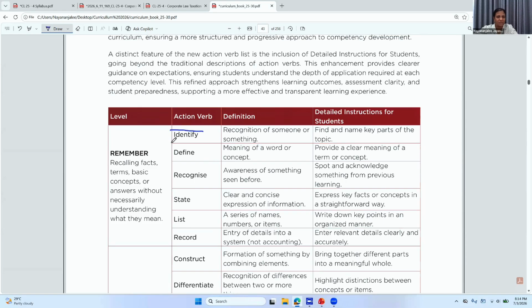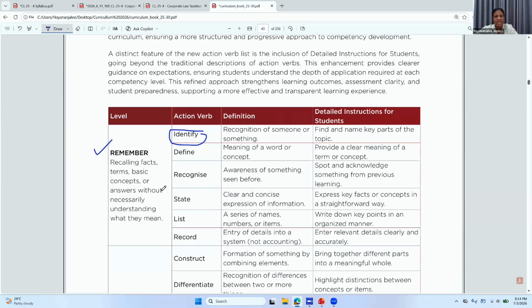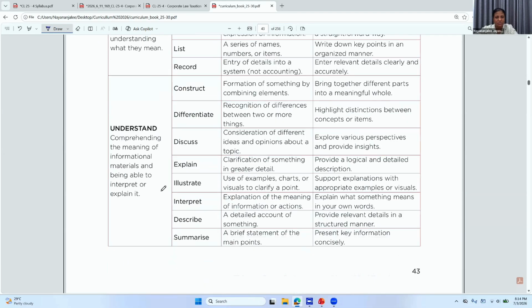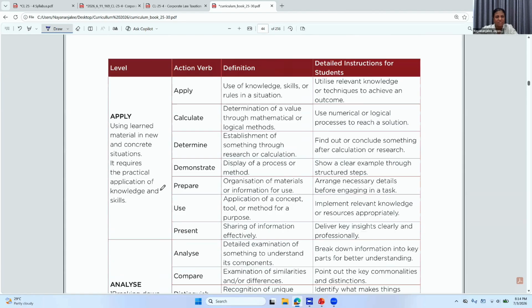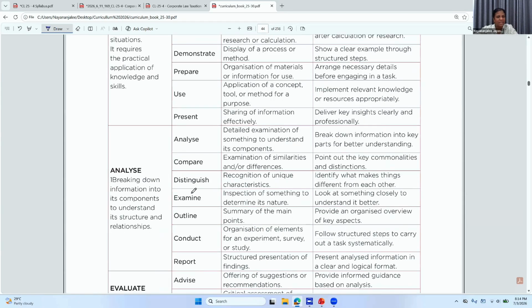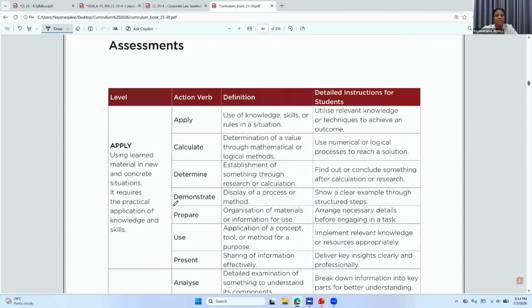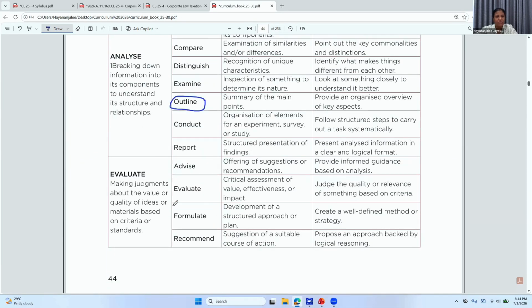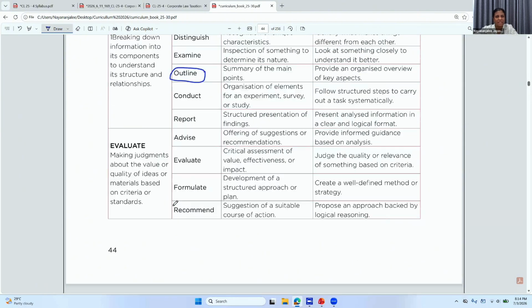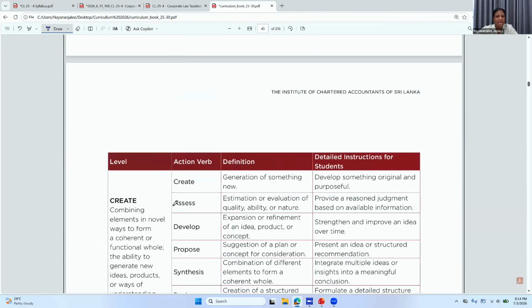Now from the action verbs, identify is in level 1. And when it comes to the next one, outline, it was there. Under analyze, which is level 1, 2, 3, and 4. And we had explain and we had assess.